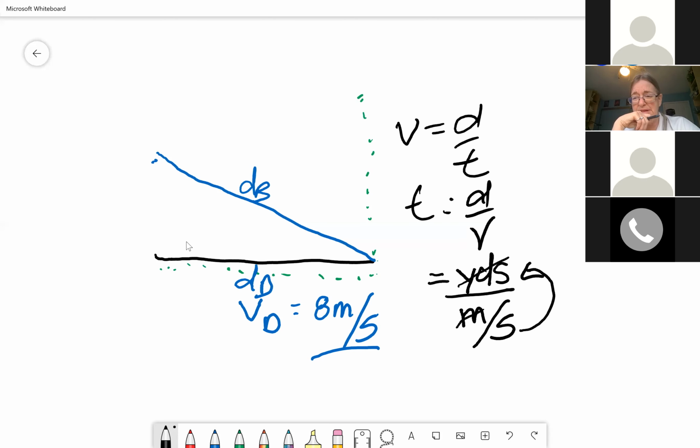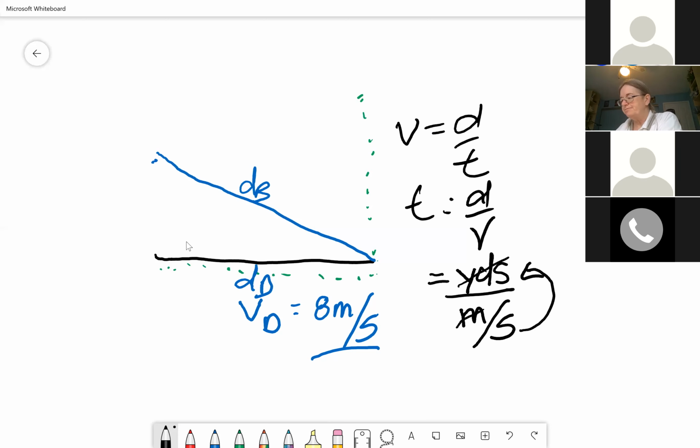Okay, does that make sense? Yes. So either I have to change my speed to yards per second, or I have to change my distance to meters. And the easier thing to do is to change the yards to meters.